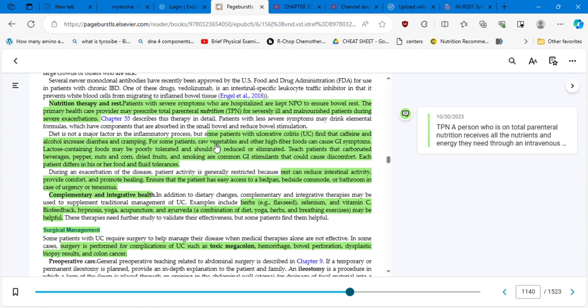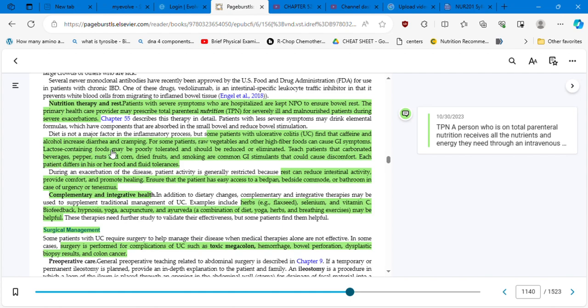Let me stop here and talk about raw vegetables. Some raw vegetables are in the broccoli family, the brassica vegetables: broccoli, cabbage, Brussels sprouts. They can cause gas and cramping.